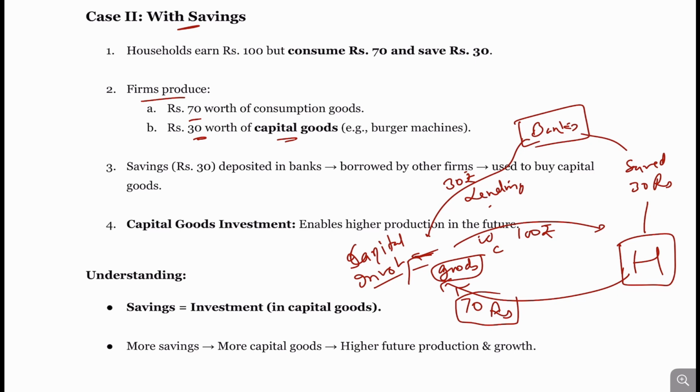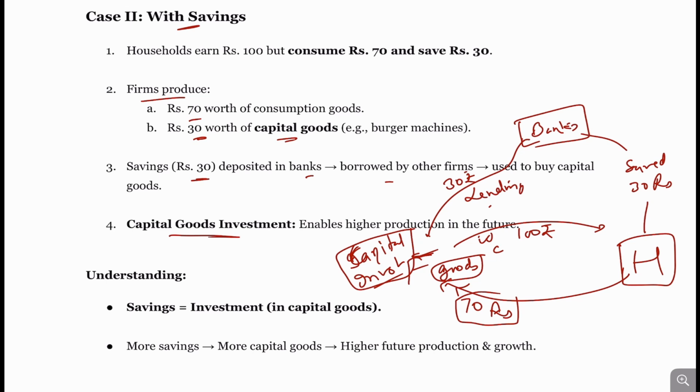So this 30 rupees of savings that has been deposited in banks will be borrowed by the firms, and capital goods investment will increase.